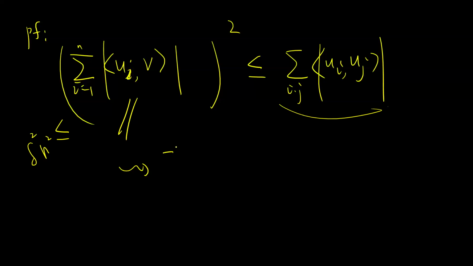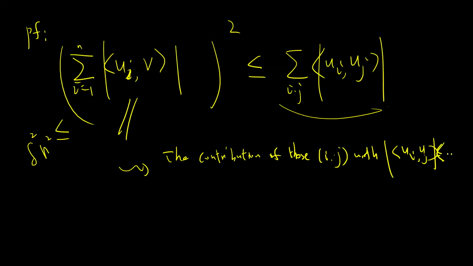This tells me that the contribution of those pairs ij with pair correlation less than delta squared divided by 2 is at most delta squared n squared divided by 2, because the total needs to be at least delta squared n squared.